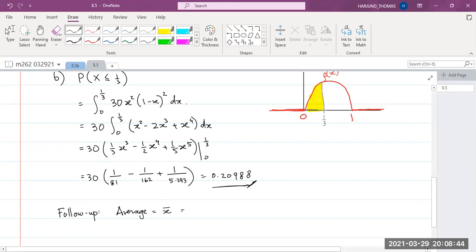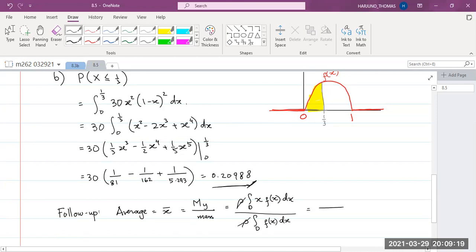As we have learned before, X bar is the moment with respect to the y-axis over the mass, right? The rho you will see later on will cancel. So rho integral over the domain of x f(x) dx over rho integral over the domain of f(x) dx. The rho will cancel.